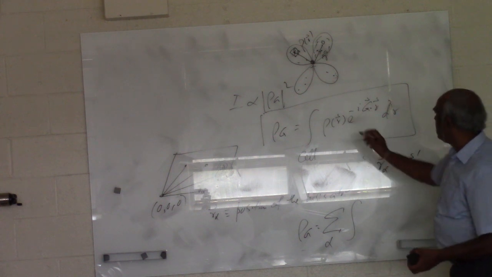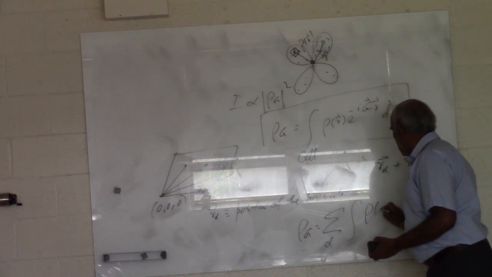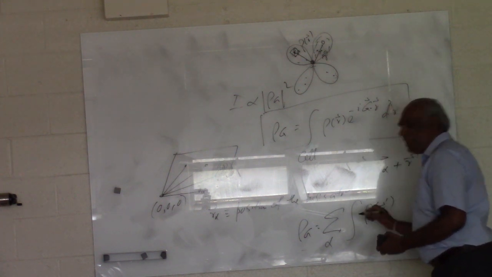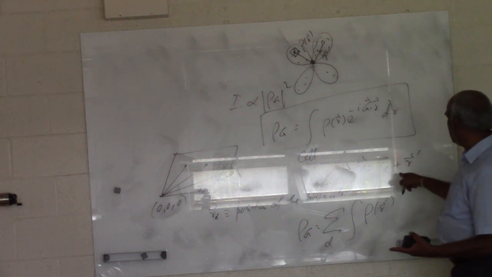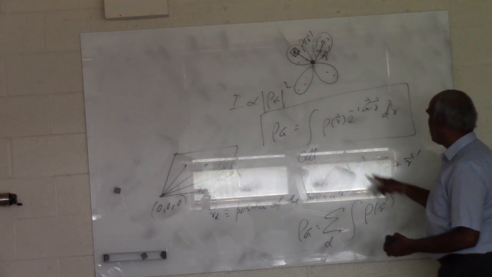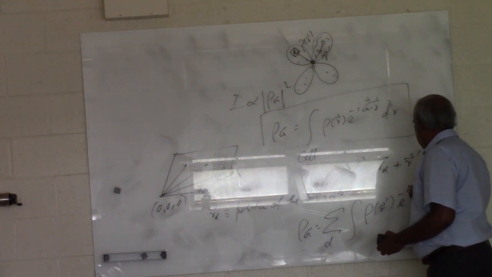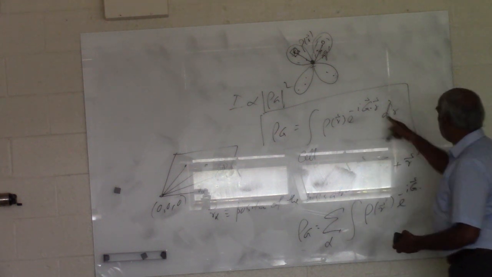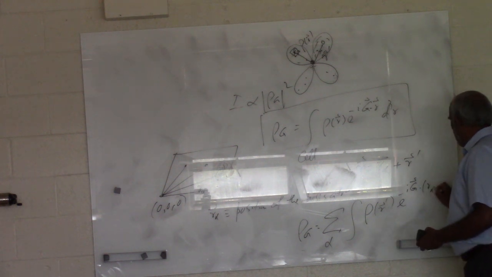So then I can write rho r now only depend on rho r prime, right? Because R alpha is a constant, right? So then you have E minus I G dot R, which means now R alpha plus R prime, right?